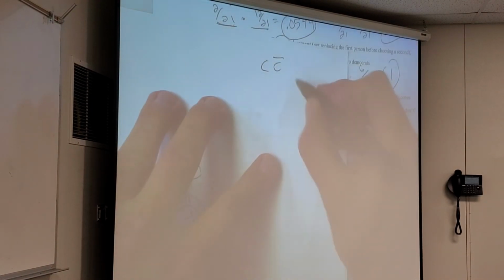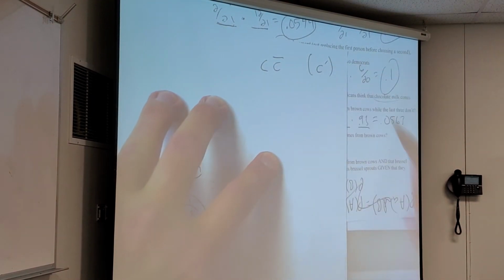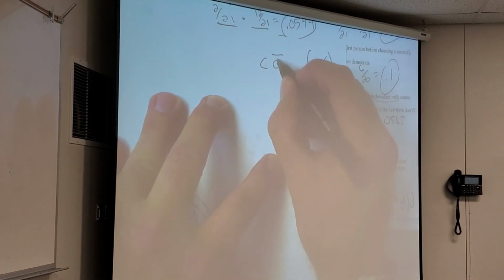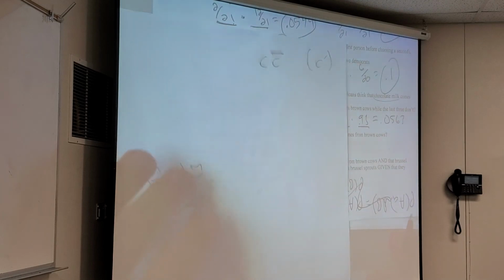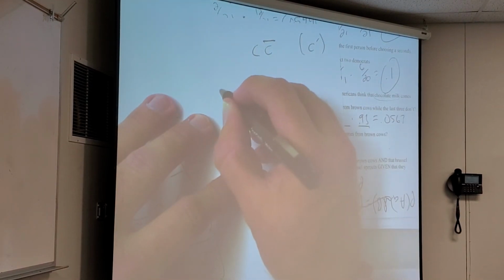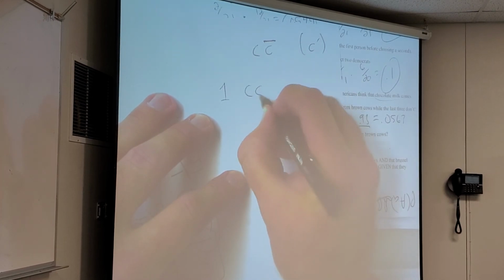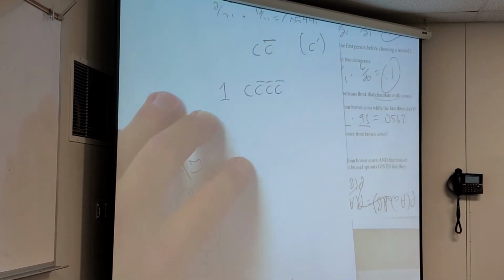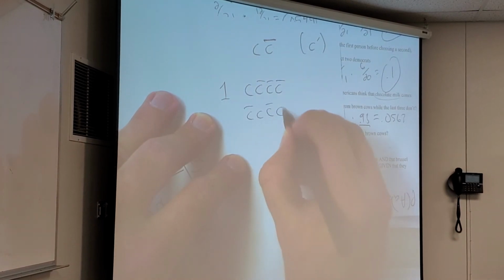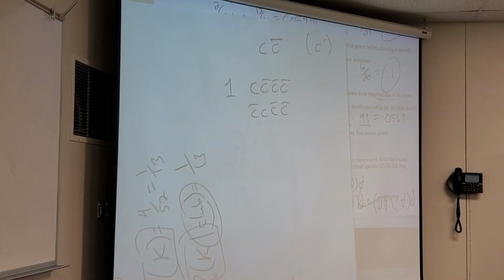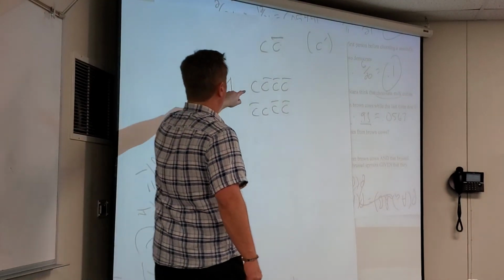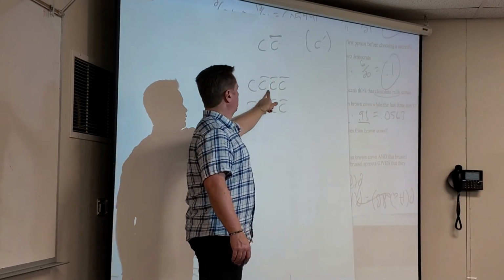I think the book uses this symbol to mean not, a little prime. I don't like that, so that's what I use for not. So now watch. If I want one person to think that way, this is one way to do it, right? Or this. If I want one person to think chocolate milk comes from brown cows, it could be the first guy, and the other 3 don't.